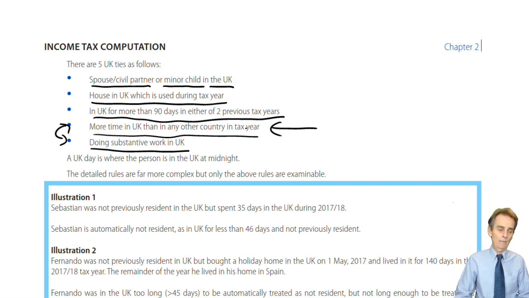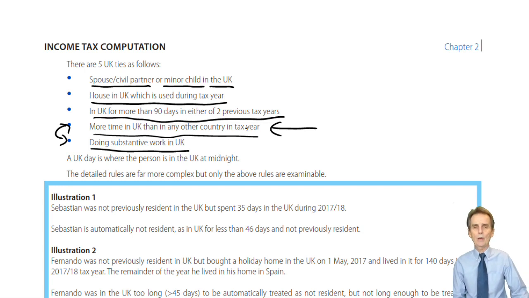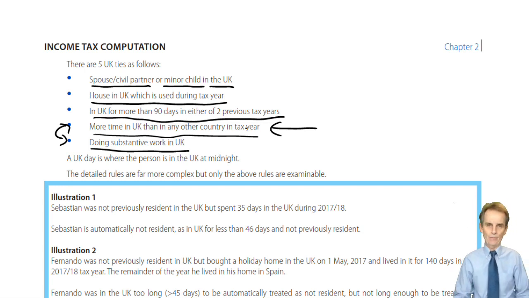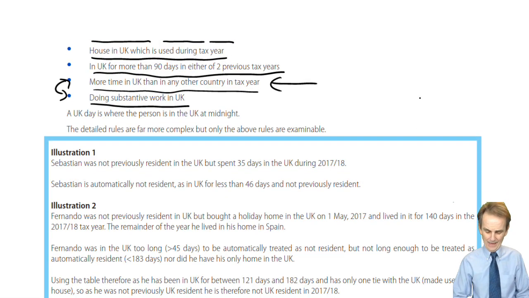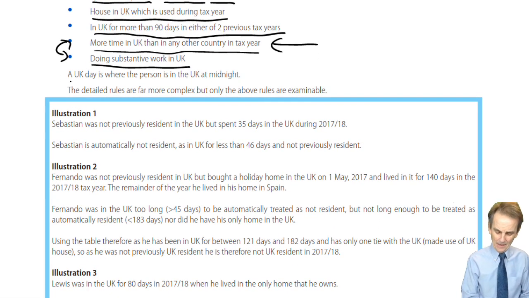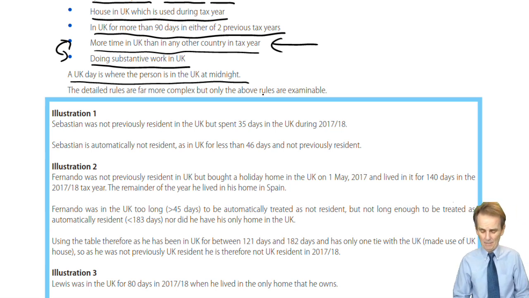They would simply tell you that the individual has travelled from one country to another, to another, to another, and how many days they spent in each country. If the most amount of days spent in any one country was in the UK, then that is a tie. But again, only applicable for those who had previously been resident in the UK in any of those previous 3 years. As I said earlier, a UK day is where the person is in the UK at midnight at the end of that day.